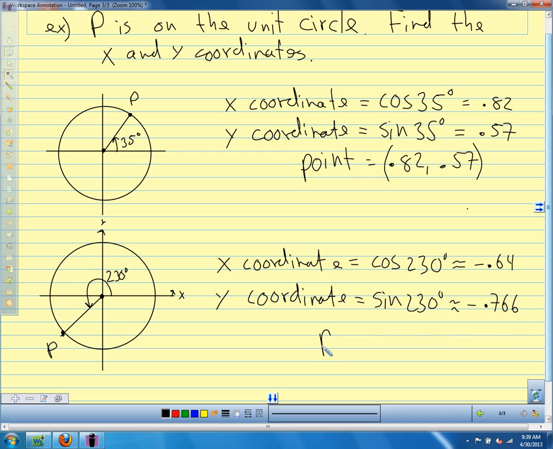So my point is negative 0.64, negative 0.766. Questions on that one? So when we're finding the x and the y coordinates, we're just finding the cosine and the sine of our angle on the unit circle. That's all we have to do.